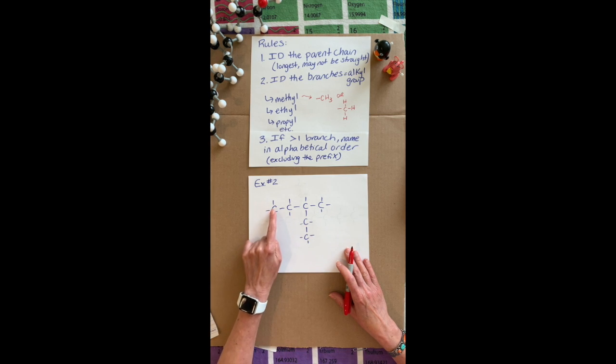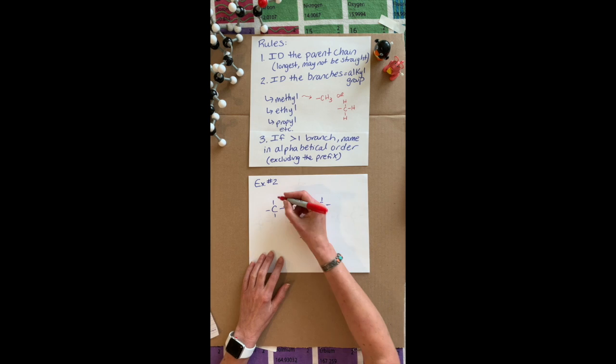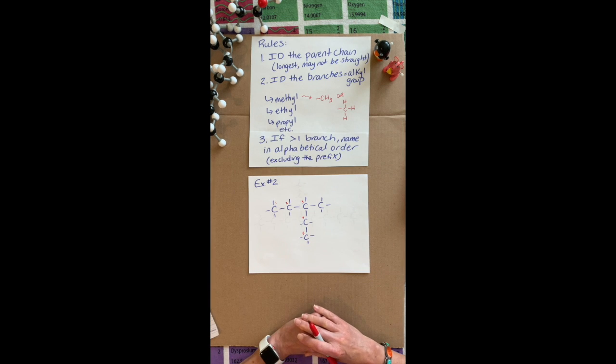But if I count here, 1, 2, 3, 4, 5, there are 5 carbons actually shown here. Let me number that. That would be the longest carbon chain, and that will be the parent chain. And that's going to be a pentane.